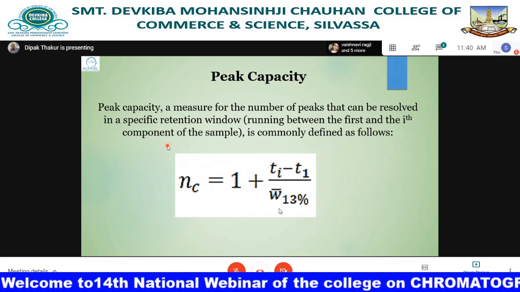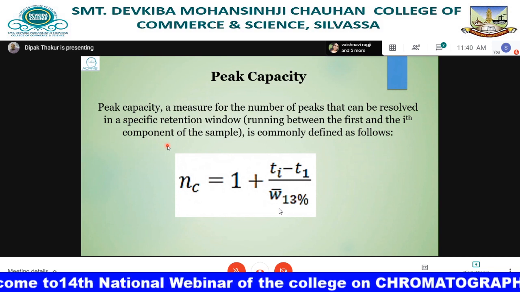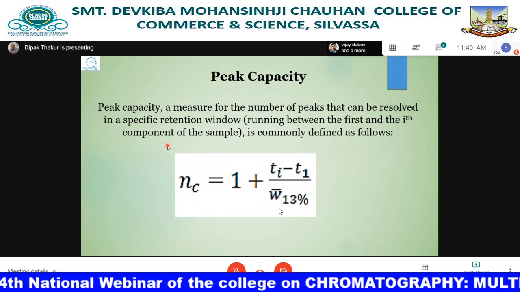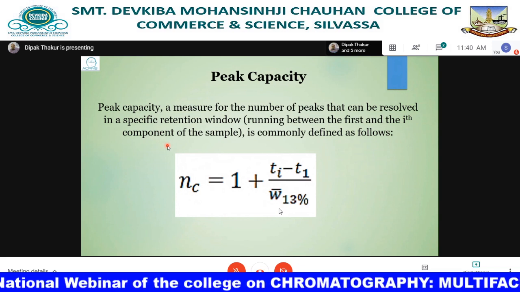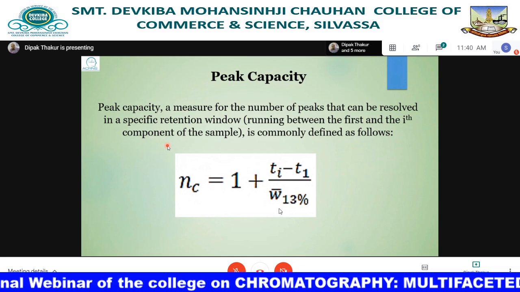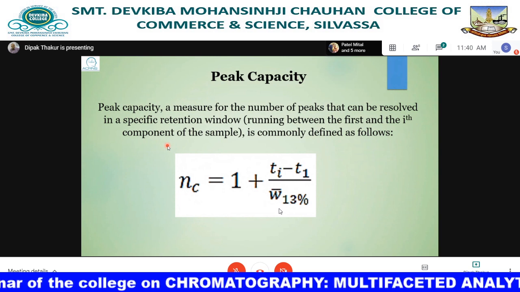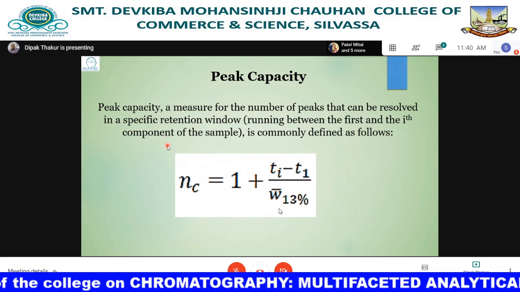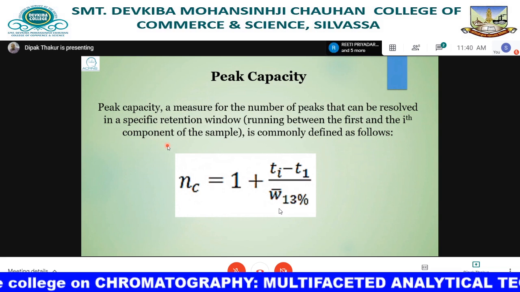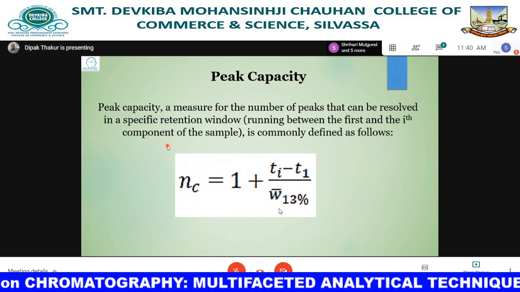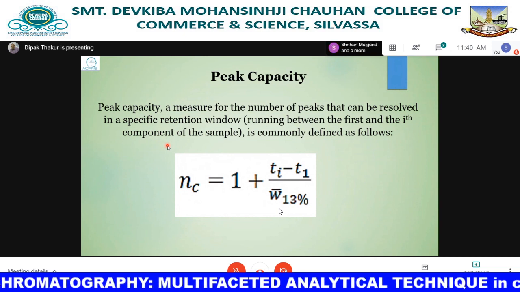The beauty of this particular micropack column is the peak width is in the range of 20 seconds. So per minute, 5 peaks can be accommodated. And if your runtime is 400 minutes, think about it, you can have a peak capacity of 2000.